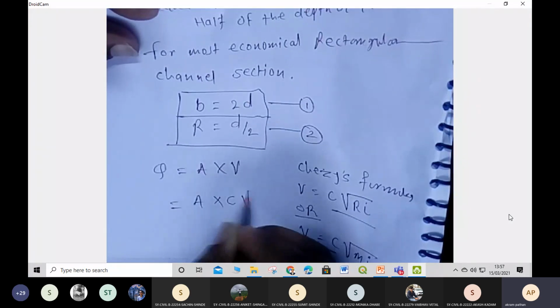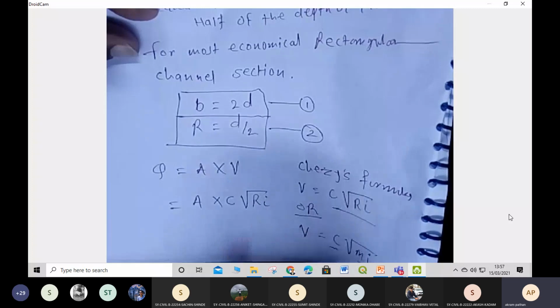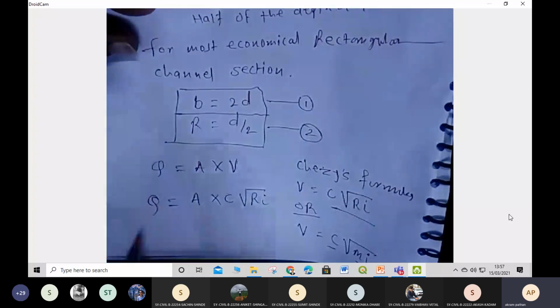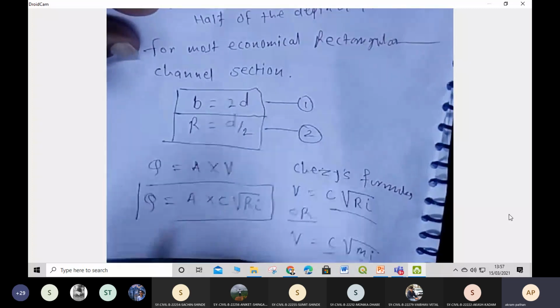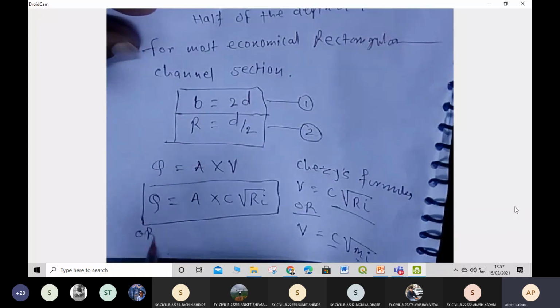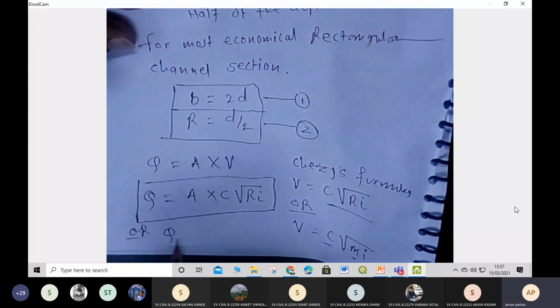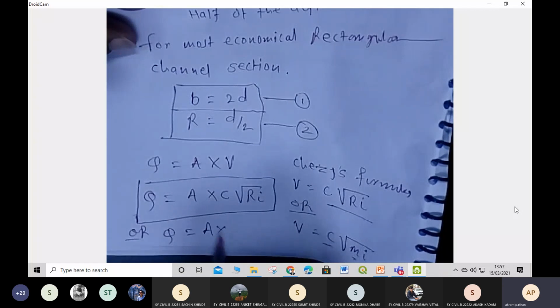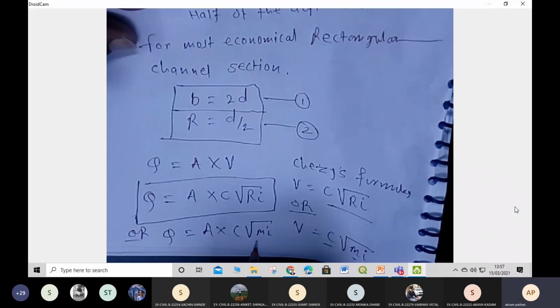So this is the formula for discharge through an open channel, or Q is equal to A into C under root MI. You can write M or R, the hydraulic mean depth.